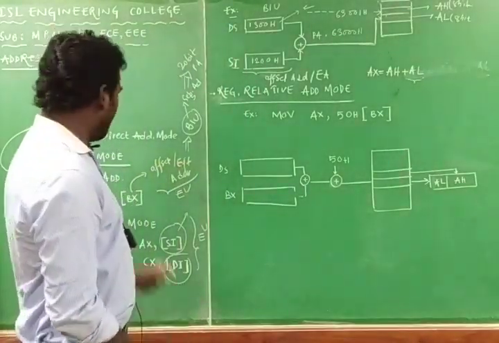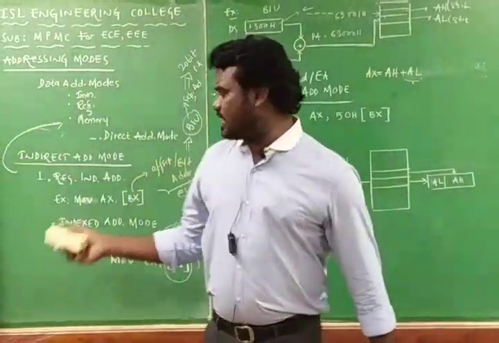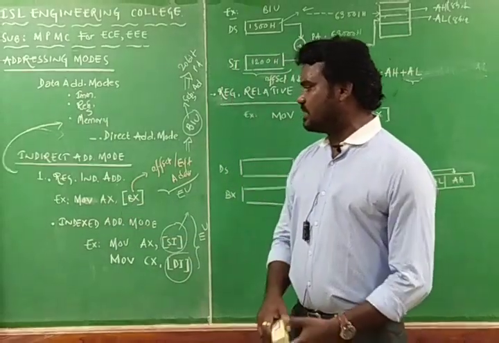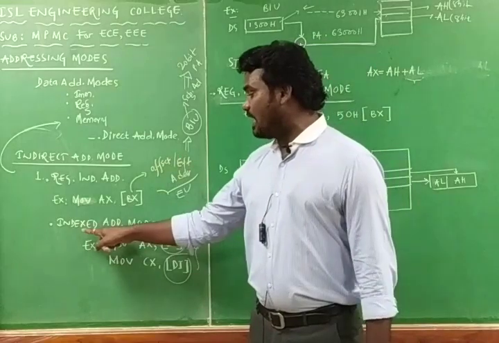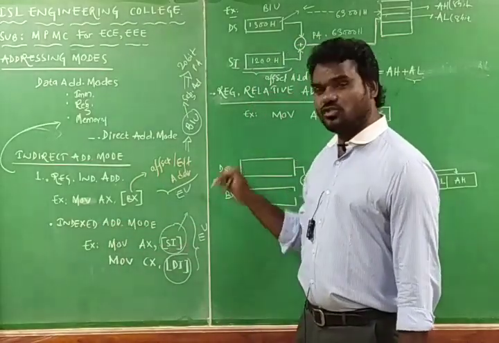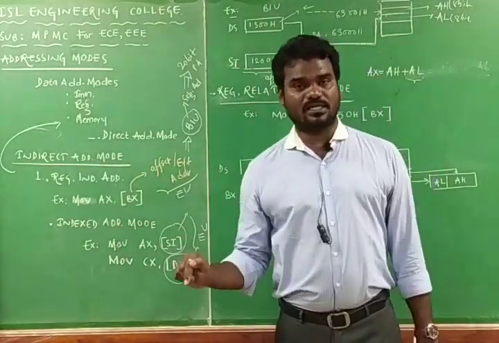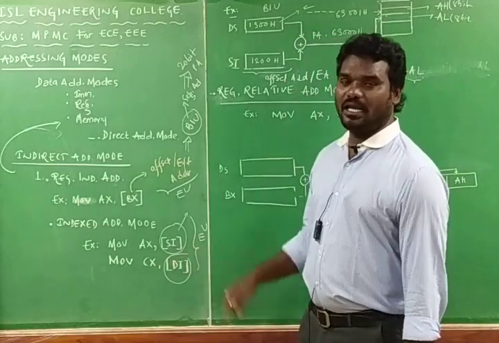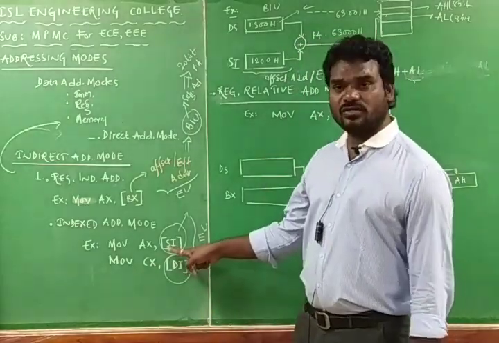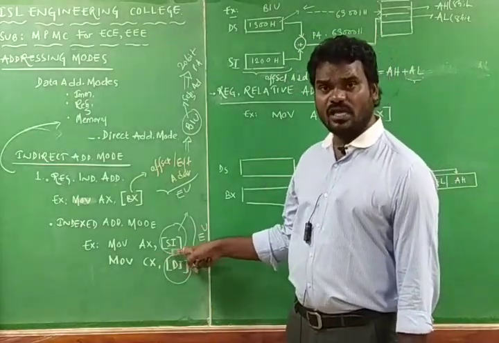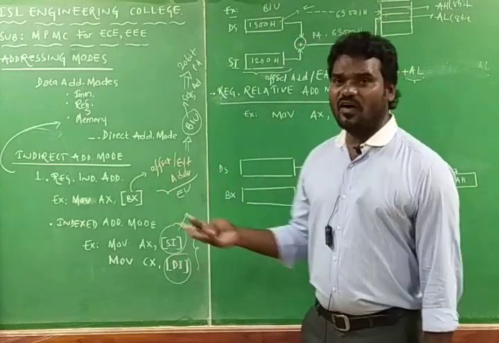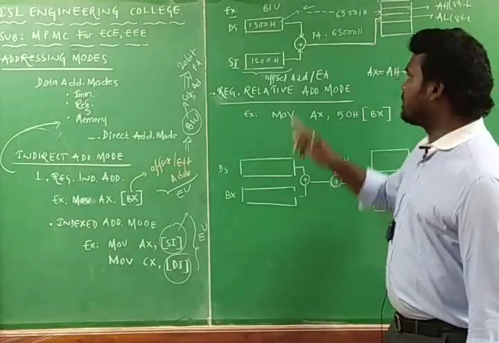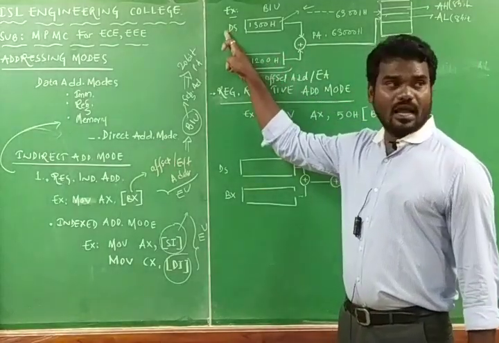The simple thing is that in register indirect addressing mode, we do not make use of the index register, but in index addressing mode, we should use either the source index register or the destination index register. If you use the source index register to hold the offset address, by default the segment address will be in the data segment.